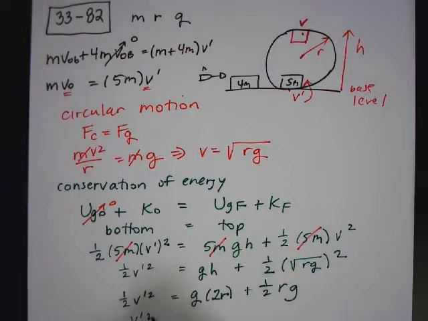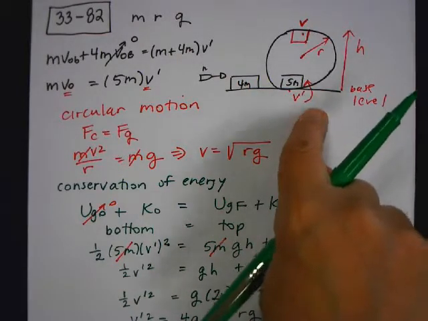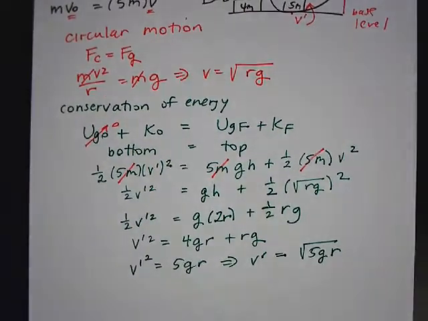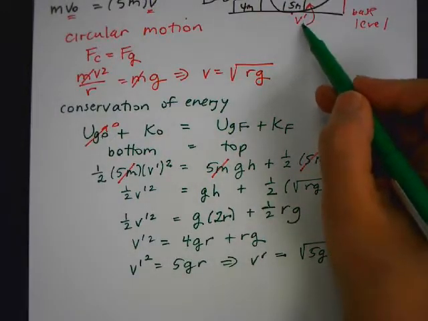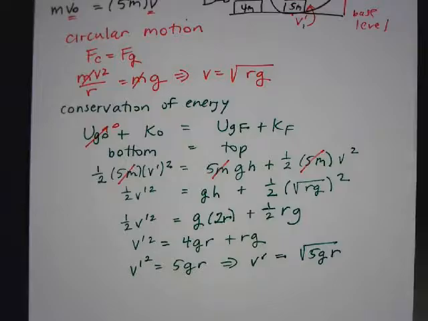So v prime squared is equal to 4 g r plus r g. So v prime squared is equal to 5 g r. So v prime is equal to the square root of 5 g r. That gave me v prime, which is the velocity of the combined mass at the bottom.